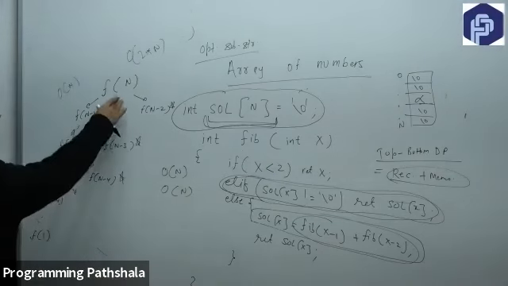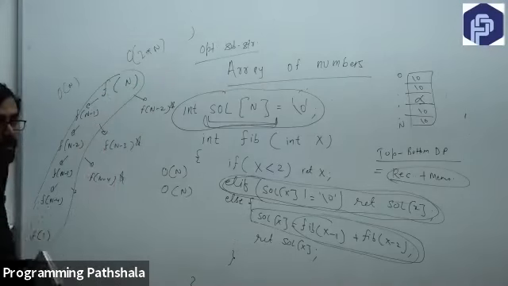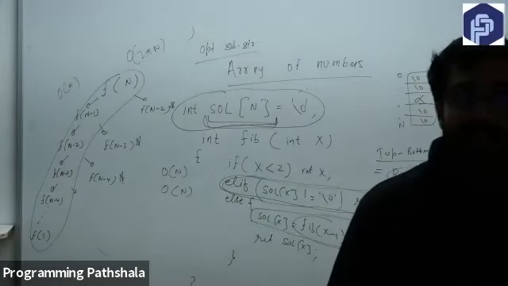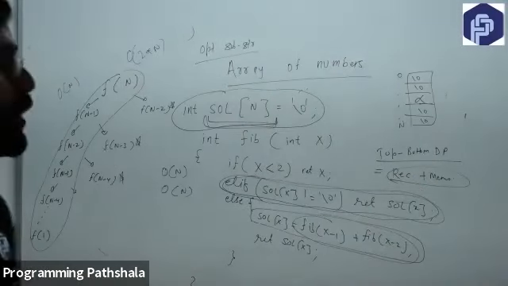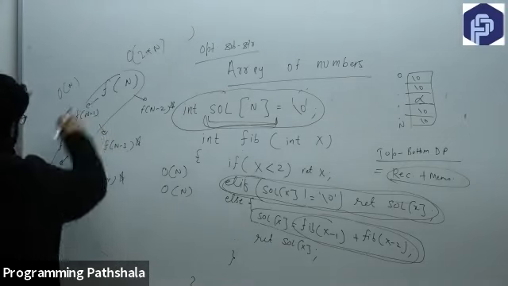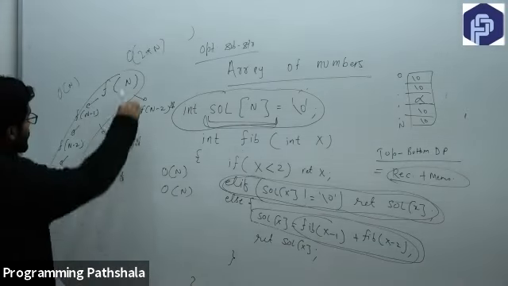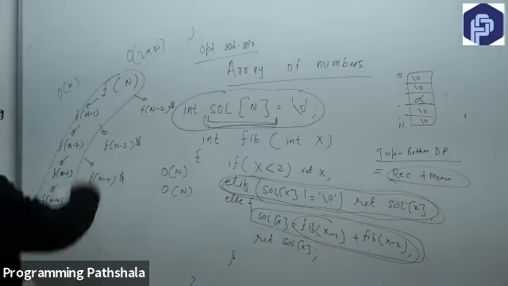Of course, those of you who were there in the recursion webinar should be able to relate that recursion also uses its own stack, is it not? So yeah, that space would also come. But what would be the maximum size of stack that you would ever get? Maximum stack size is the height of this recursion tree, the maximum function calls that you ever have at any point. That is also going to be order n.